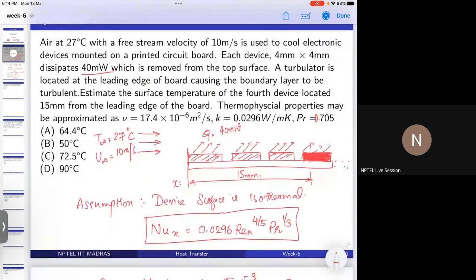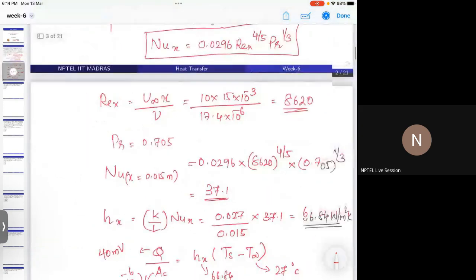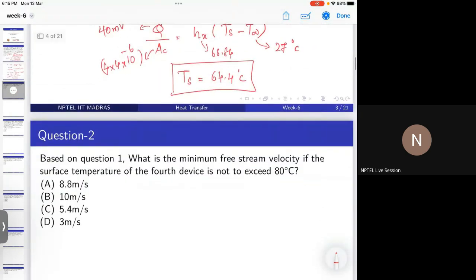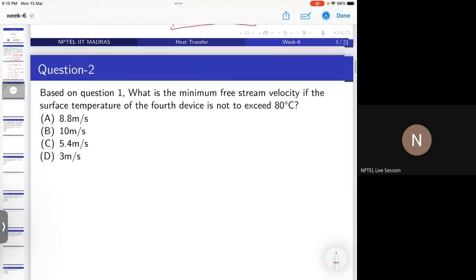Unless it is specified, you have to go with the conventional way, that is, check the Reynolds number to see whether it is laminar or turbulent.